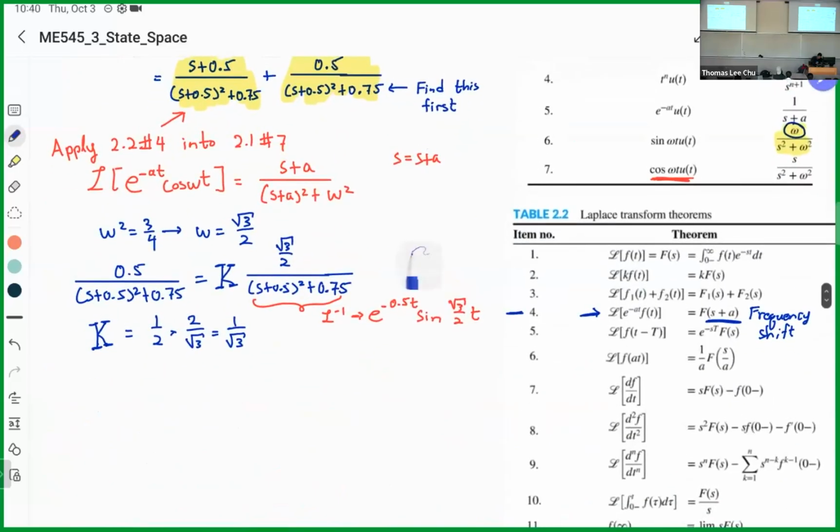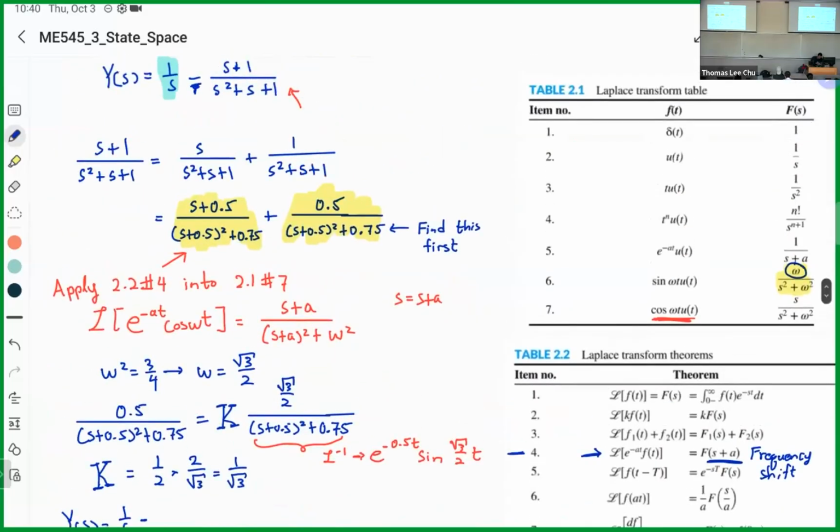So basically what we have is this. Y of s is equal to 1/s minus, so this is a minus sign right here.